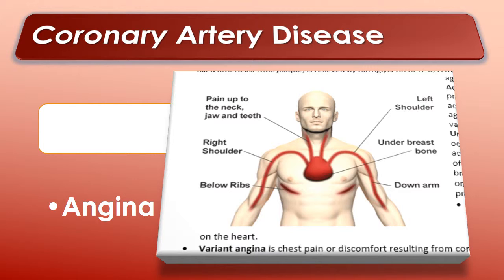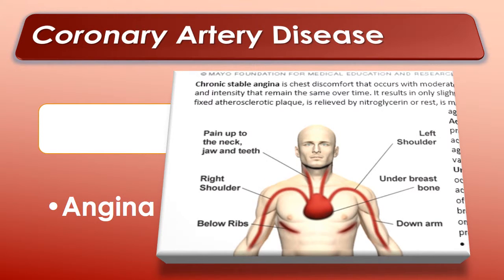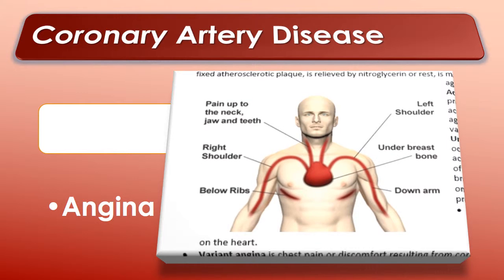It results in only slight limitation of activity, is usually associated with fixed atherosclerotic plaque, and it's relieved by nitroglycerin or rest, and is managed with drug therapy and rarely requires aggressive treatment. So chronic stable angina rarely requires aggressive treatment.